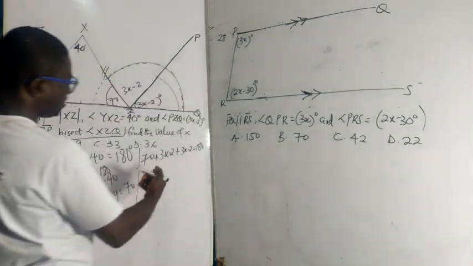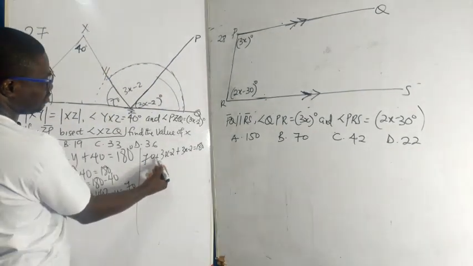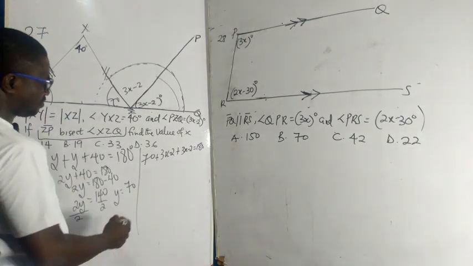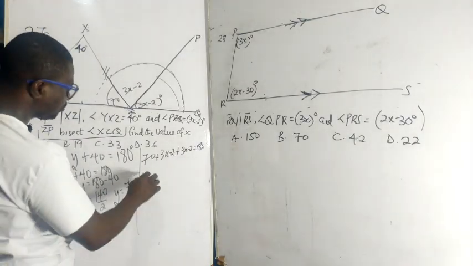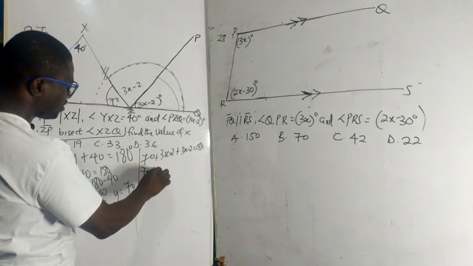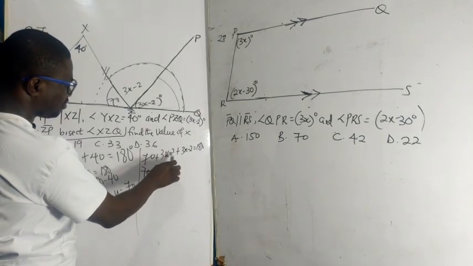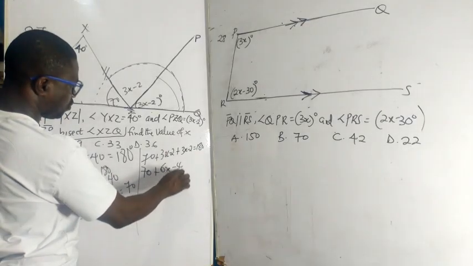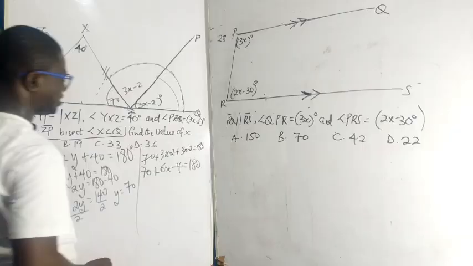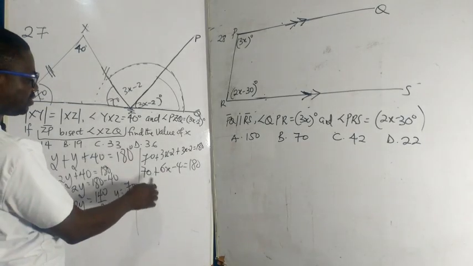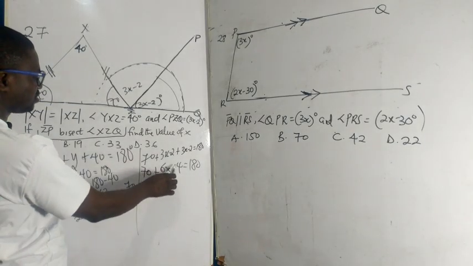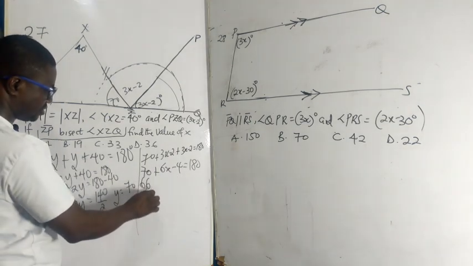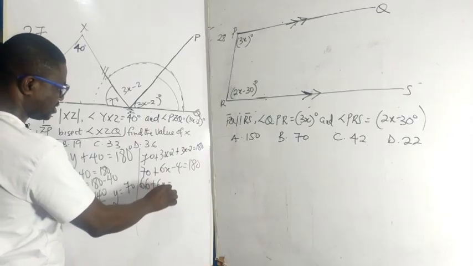So from here, let's do the calculation. 70 plus 3x plus 3x will give you 6x, and minus 2 minus 2 gives you minus 4, is equal to 180. So from here, we can simplify this. Subtracting 4 from 70, you get 66 plus 6x is equal to 180.